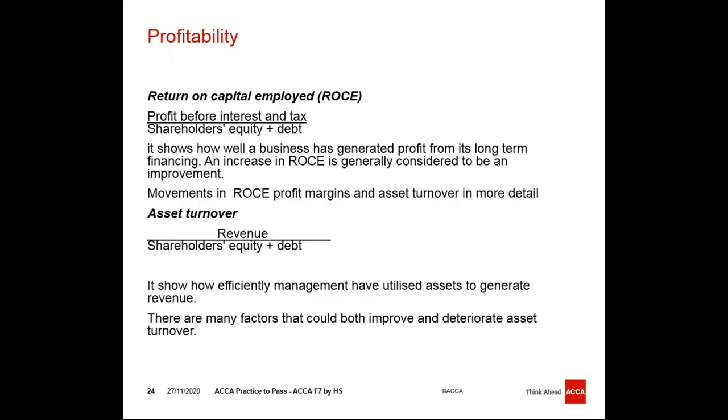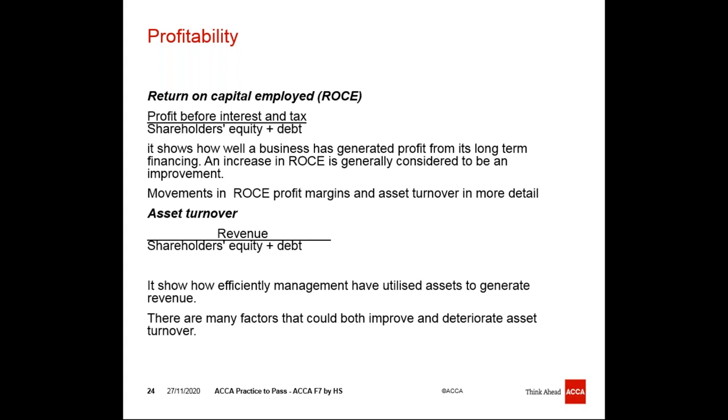Like the first one, return on capital employed, means what return we are generating from the capital that we have employed in the business. So in the denominator, we take the capital employed, which is the shareholders' equity and debt component. And in the numerator, we take the profit before interest and tax, which is the one for which we are measuring the performance, that is, how much profit you are earning.